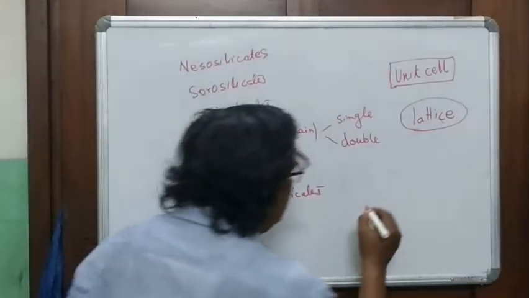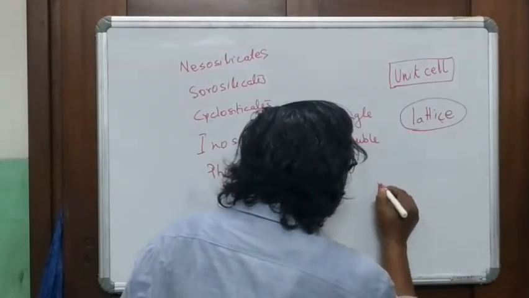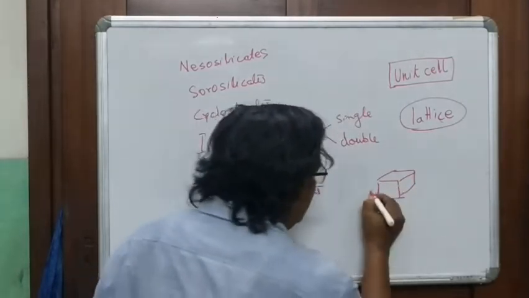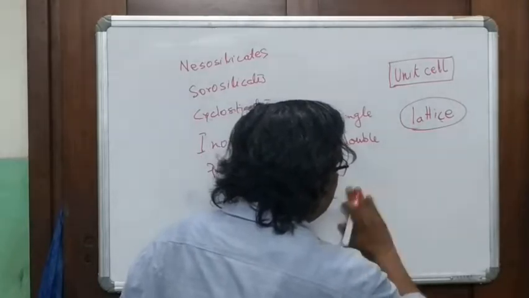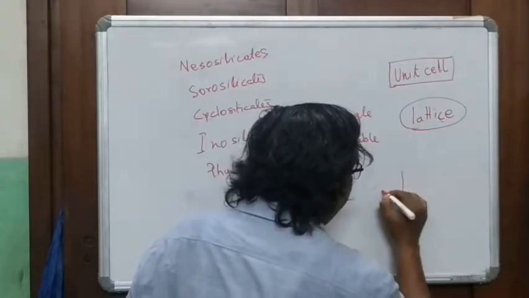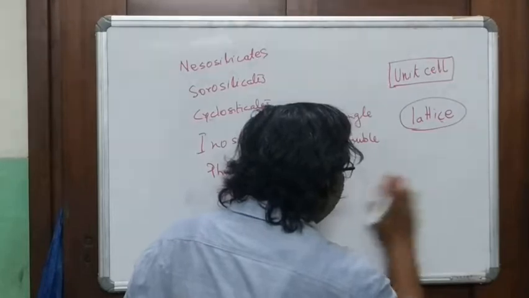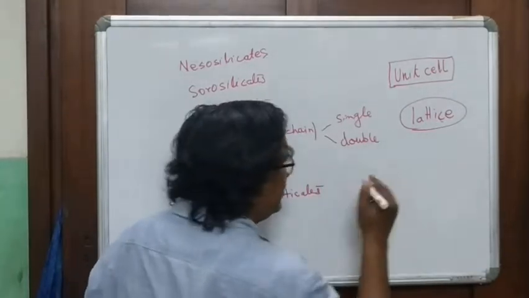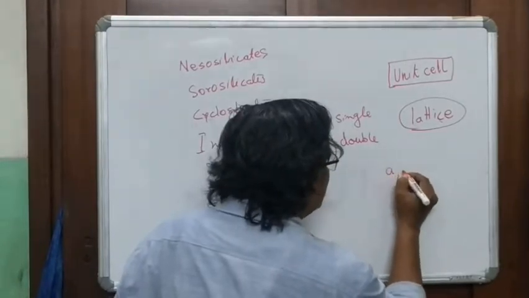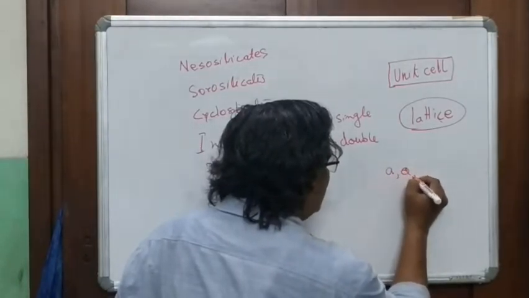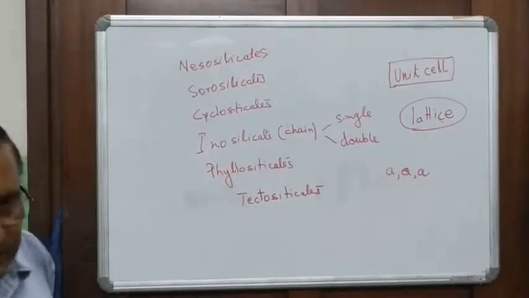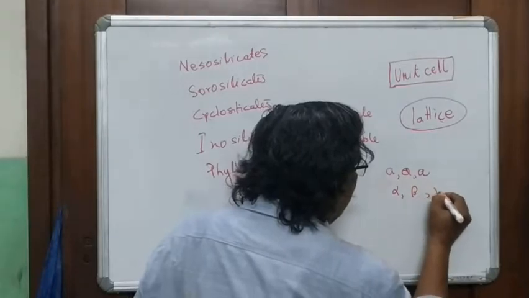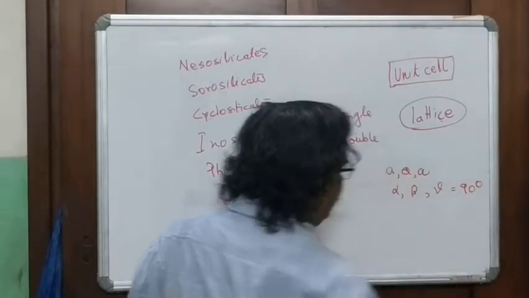Say, for example, if you have an isometric system, which is formed of a cube. You know the isometric system, I hope. The characteristic of an isometric system is that all the axes are of equal lengths, and all the angles between the axes, alpha, beta, gamma, are equal to 90 degrees.